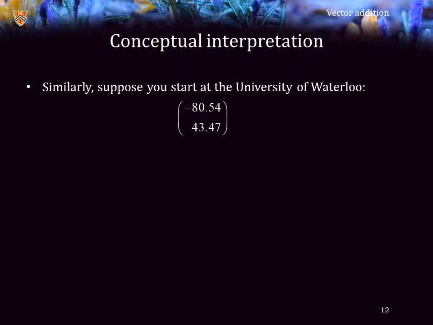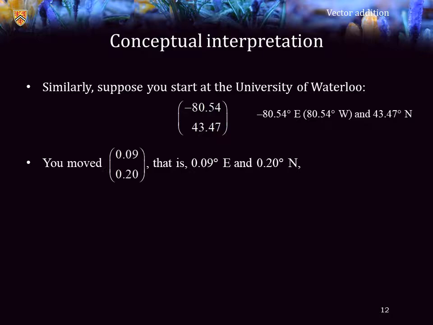Similarly, let's suppose that we start at the University of Waterloo. So the University of Waterloo is at this location, and we interpreted this as negative 80.54 degrees east, or 80.54 degrees west, and 43.47 degrees north.